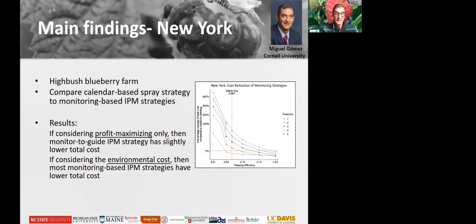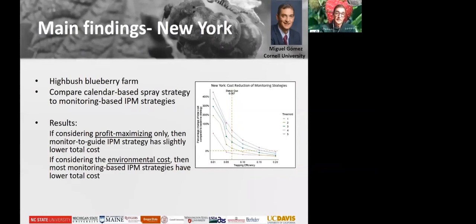The main finding here is that in order for monitoring-based IPM strategies to work better, it's very important to increase the efficiency of traps. Because current trapping efficiency is so low that it works in favor of farmers applying insecticide through the cropping season.